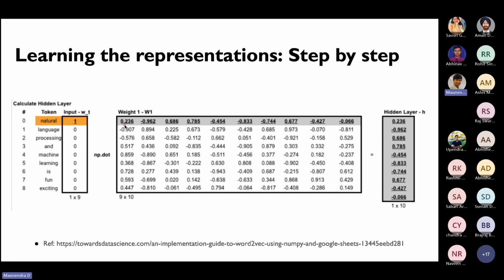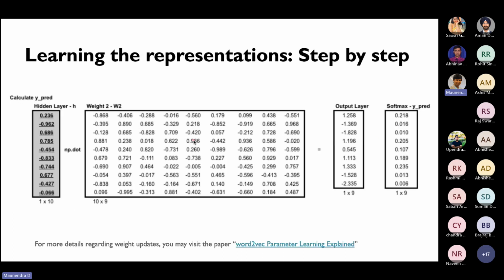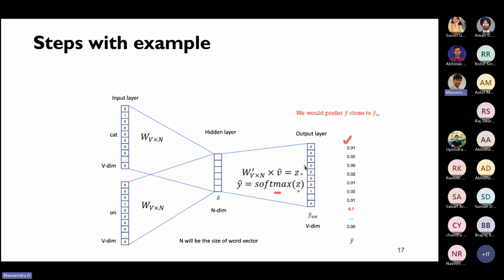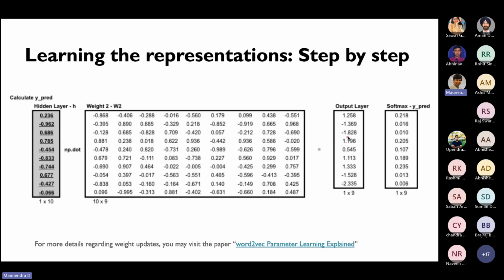And this dot product will do nothing but extract the row corresponding to that. So this becomes the hidden layer, and this hidden layer gets multiplied with the second matrix to get the score z. Now this z goes to softmax, which is nothing but the prediction.